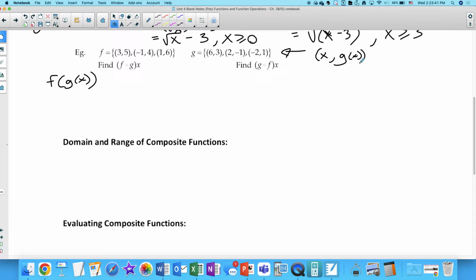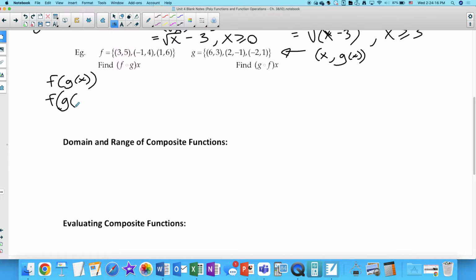This function g of x only has a domain of 3 values, 6, 2, and -2. Those are the only x values we're allowed to put into g of x. When we put a 6 into g of x, that's our x value, we get an output of 3. That's our g of x value. So when we're looking at f of g of x, we have to look at all of the domain values for which this function is defined.